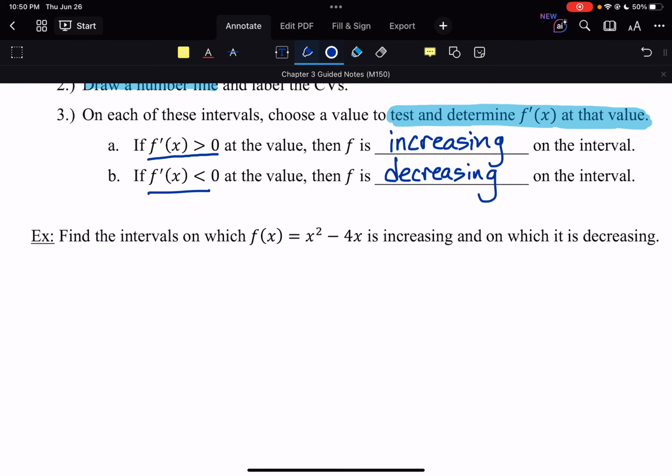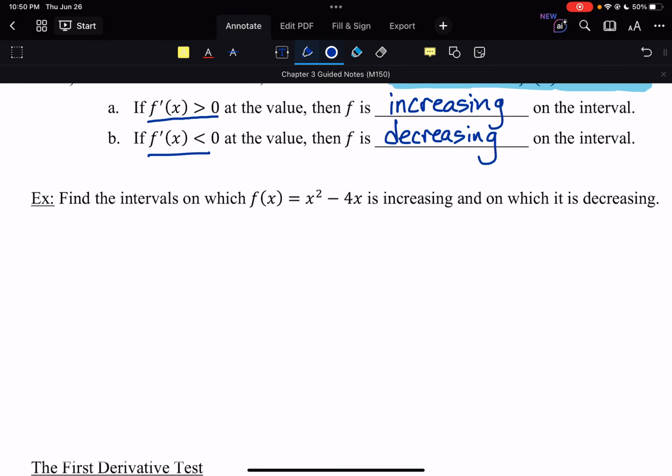So let's try it out. Find the intervals on which this function, f of x equals x squared minus 4x, is increasing and on which it is decreasing. So we're going to find the critical values first. So we're going to take the derivative, so f prime of x.